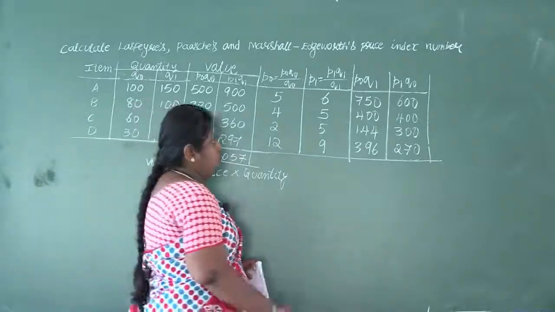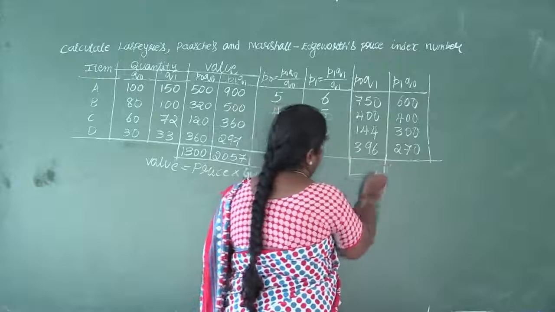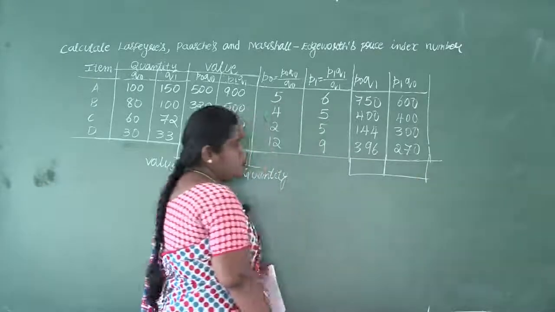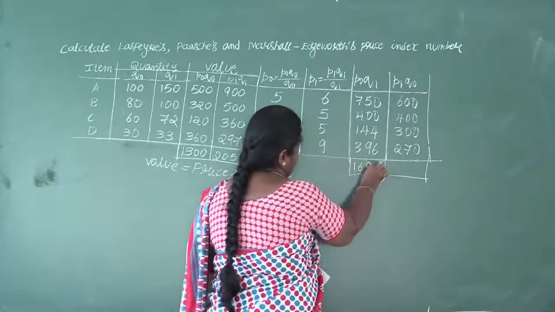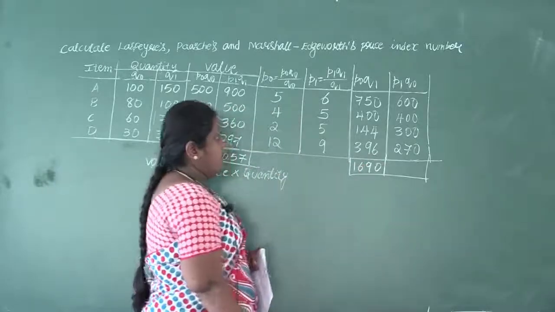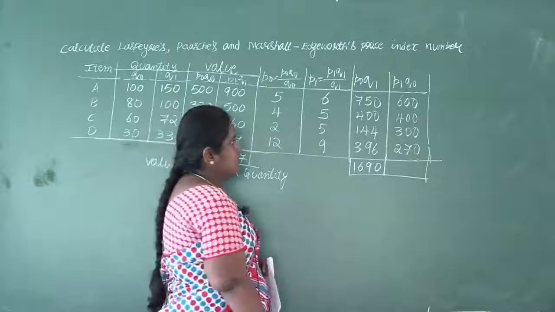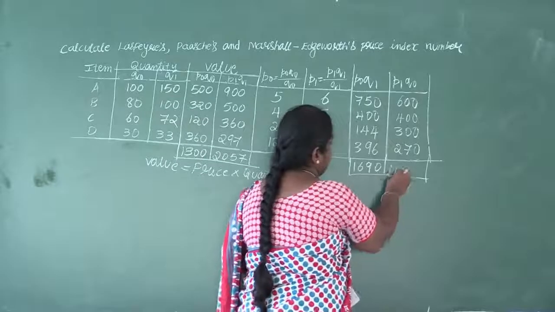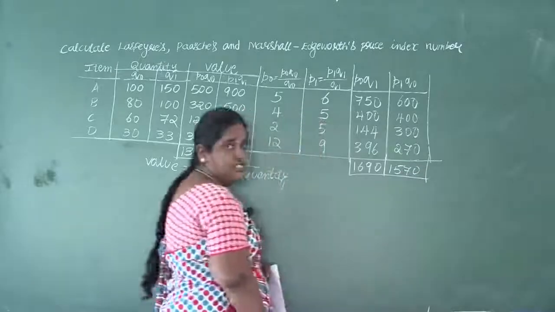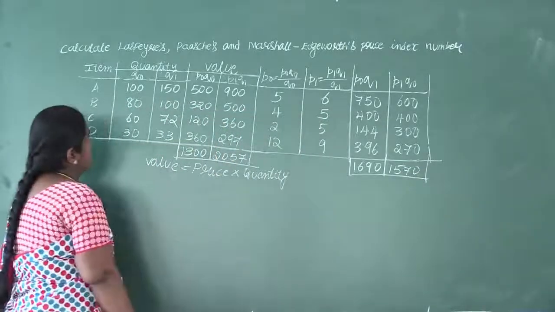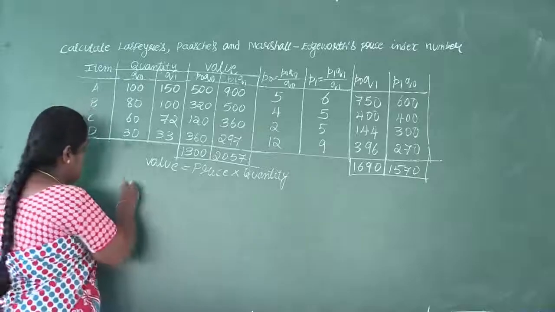P0 Q1 values are 750, 400, 144, 396, total 1690. Then P1 Q0: 600, 400, 300, 270, total 1570.